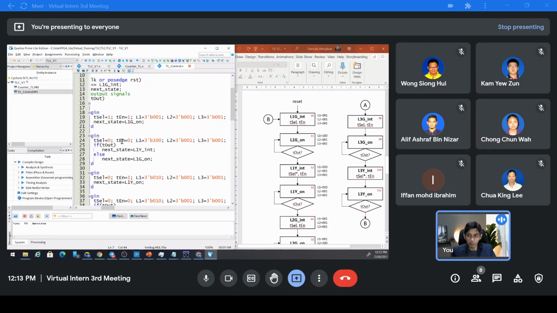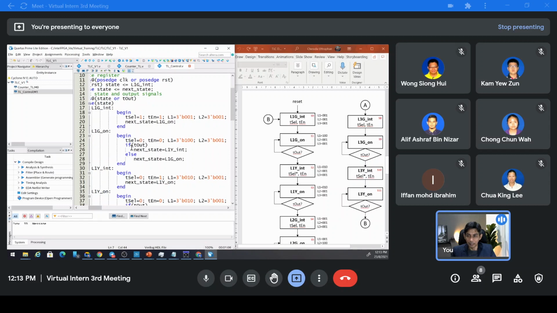The warning is not from me, but from the software when you compile. So here, the output is 100, 001, 001 exactly. And here, if T out equal to 1, it means activated, so the next state must be this one. But if T out is still 0, not activated, so we stay in this state.